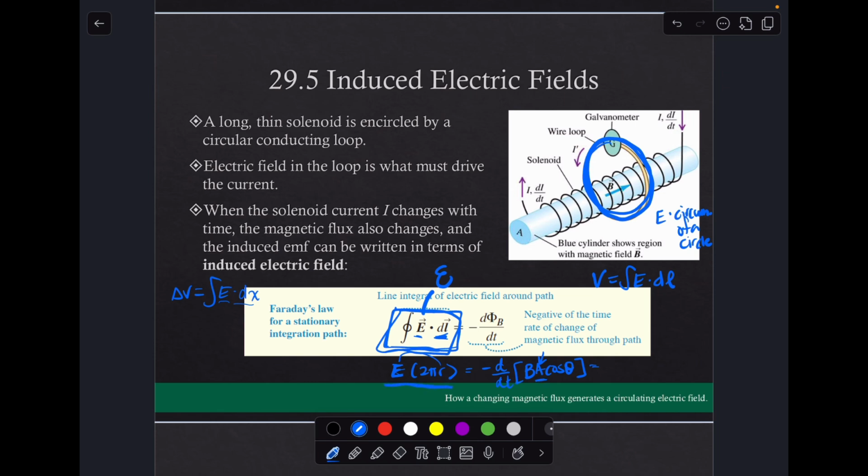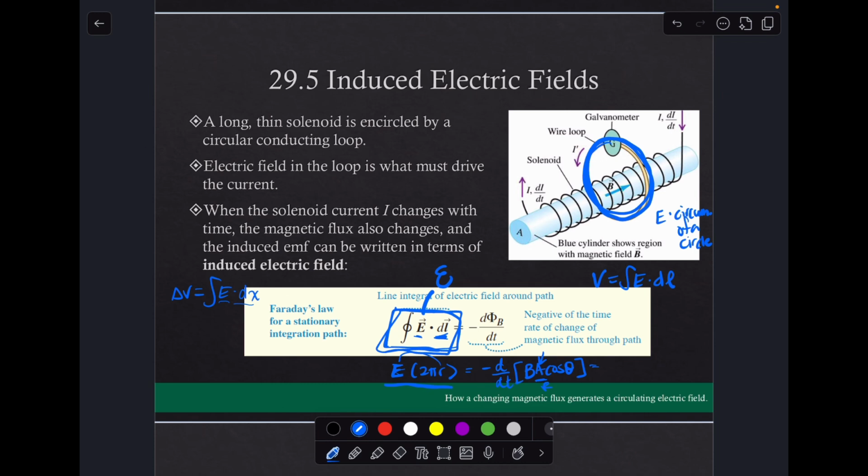This is the area of the conductor that is experiencing the flux. So this R that belongs to this area may not be the same R that you want to know the electric field on, okay? That's basically how you approach this.